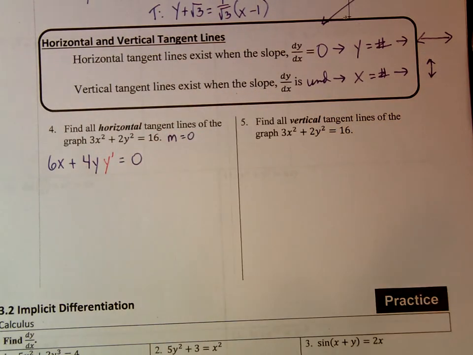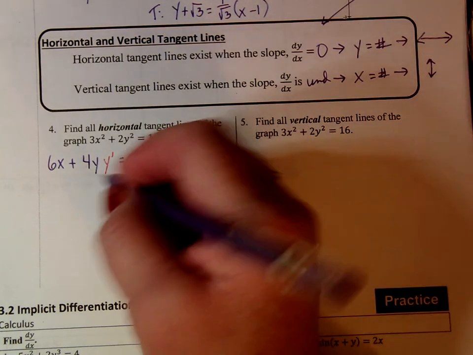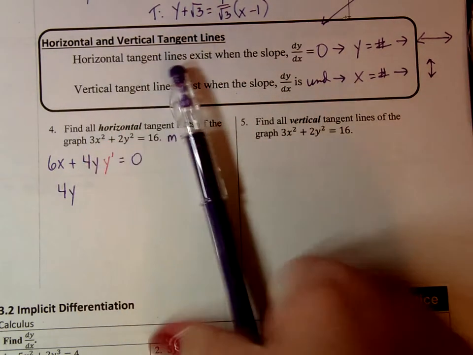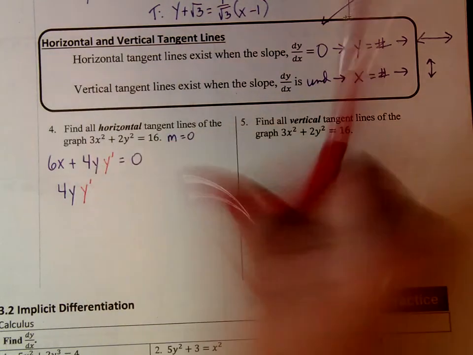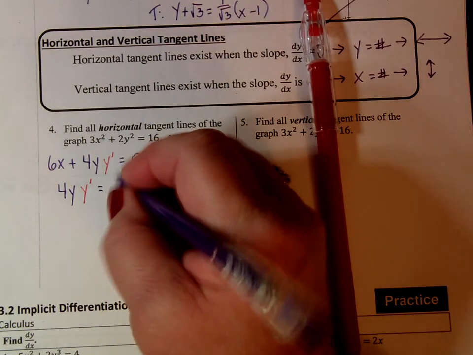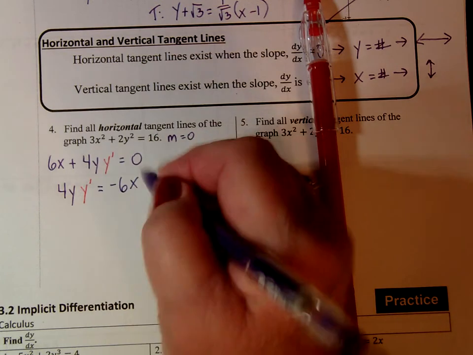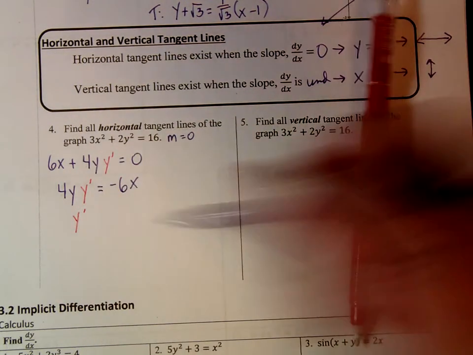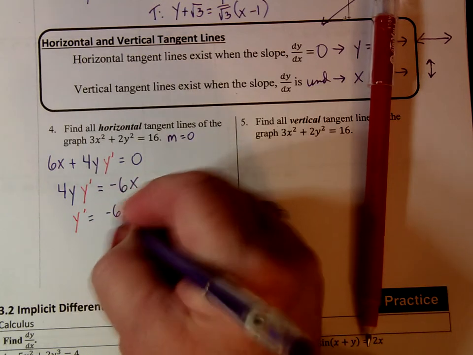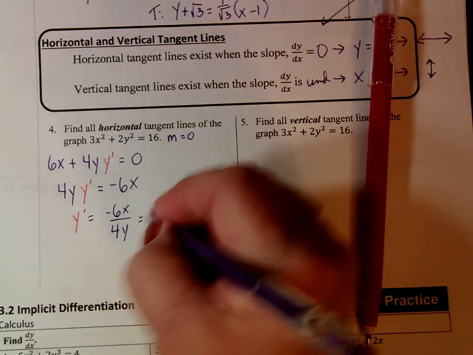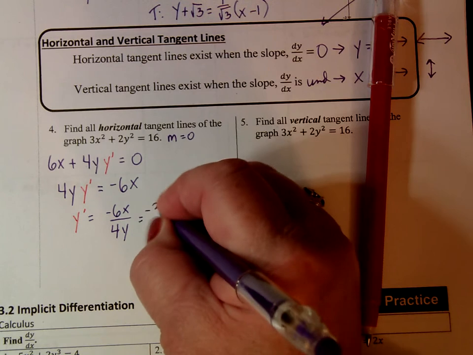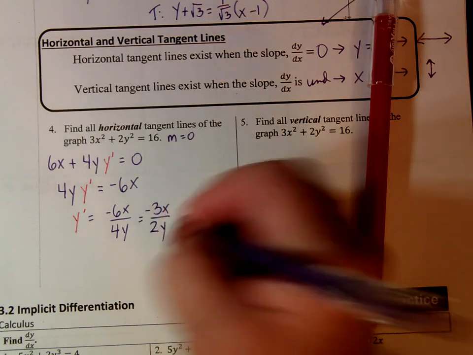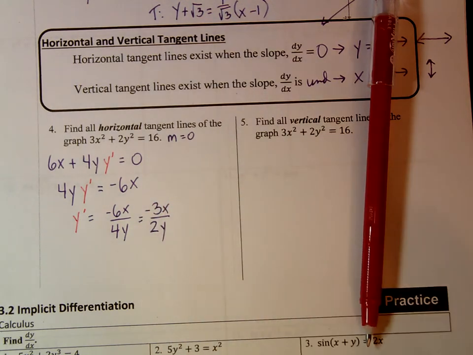Find the slope. Solve for it. Move the 6x to the other side. I've got a 4y y prime equal to negative 6x. So y prime is equal to negative 6x over 4y. 2 goes into them, negative 3x over 2y. Well, when does that equal 0?